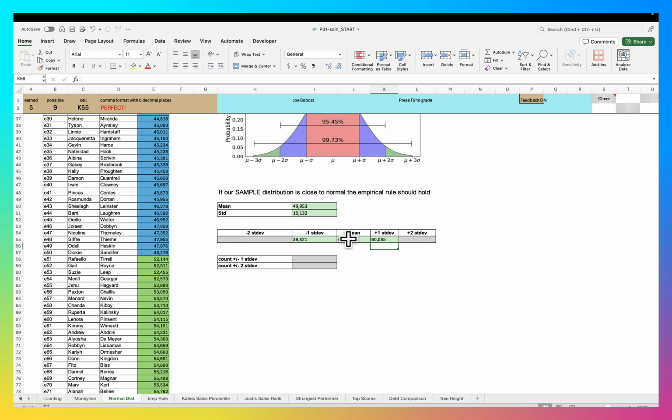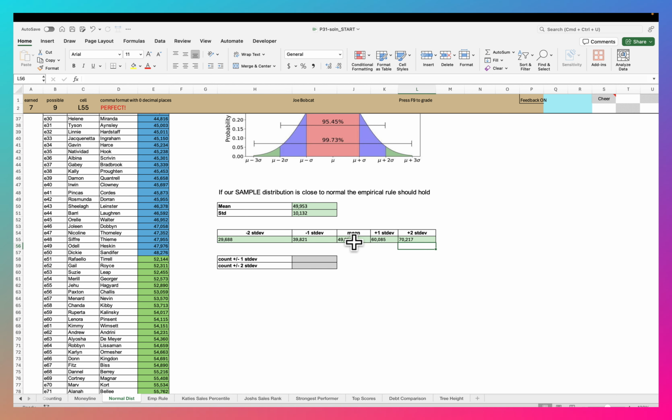And then if we click here and we say, well, that's equal to the mean minus 2 times the standard deviation, and then over here, this is equal to the mean plus 2 times the standard deviation. All right, so these are our boundaries.